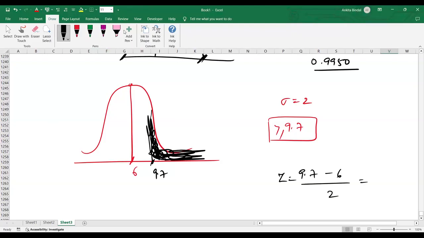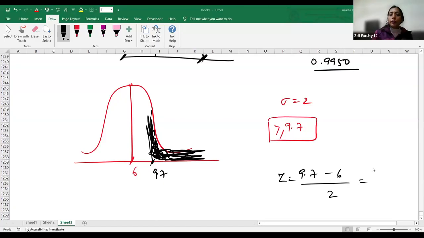Calculate. So you're getting 1.85. Okay.